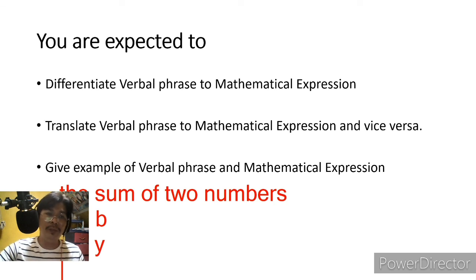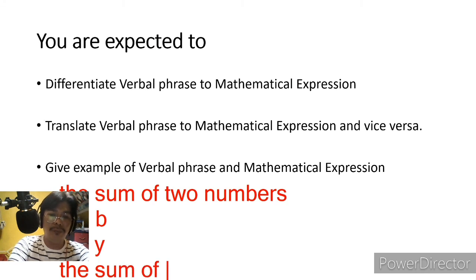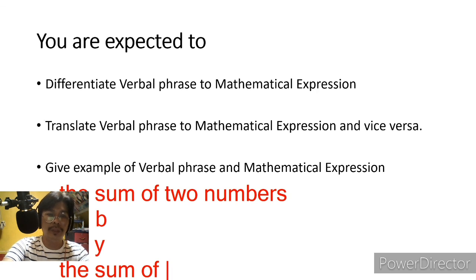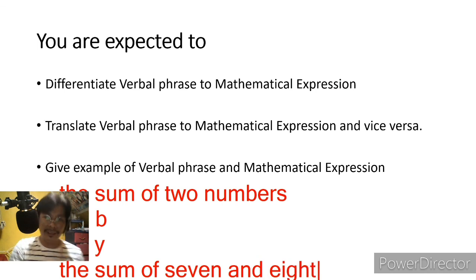But if we're going to give an example, the sum of 7 and 8, or something like that, so we have 7 and we have 8. Yeah, that is an example of another verbal phrase.